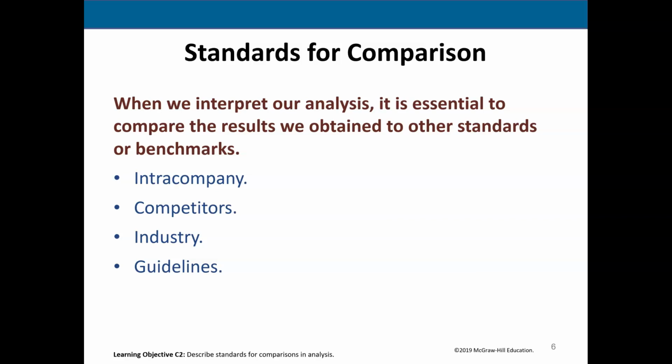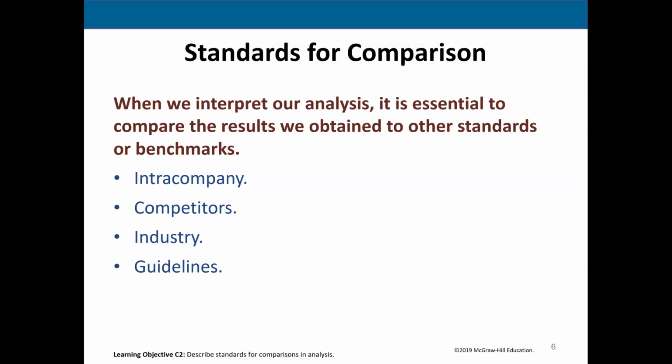Let's say one of the first ratios we're going to learn today is the current ratio. If you see what the current ratio of a company is right now, you know where they stand, but are they declining or is it getting better? So you have to look at last year, maybe even the year before. You're comparing different time periods with the same company.